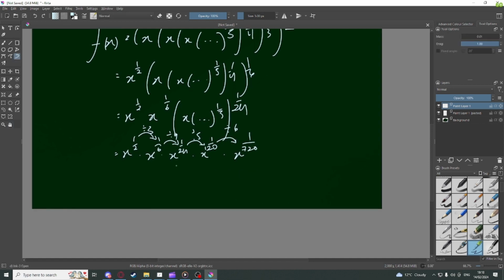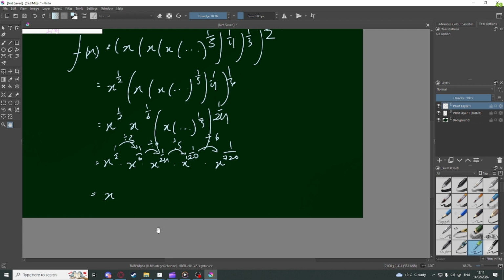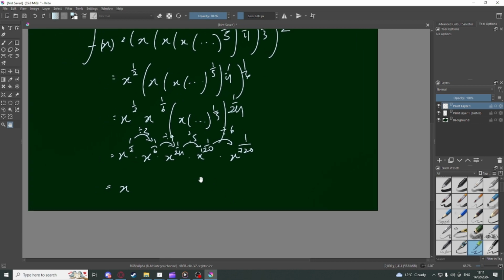And then noticing that these numbers are exactly the successive terms of the factorial.